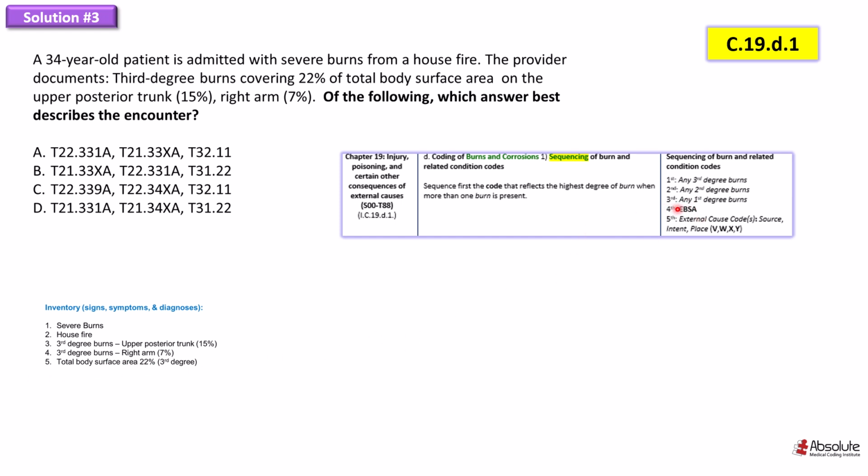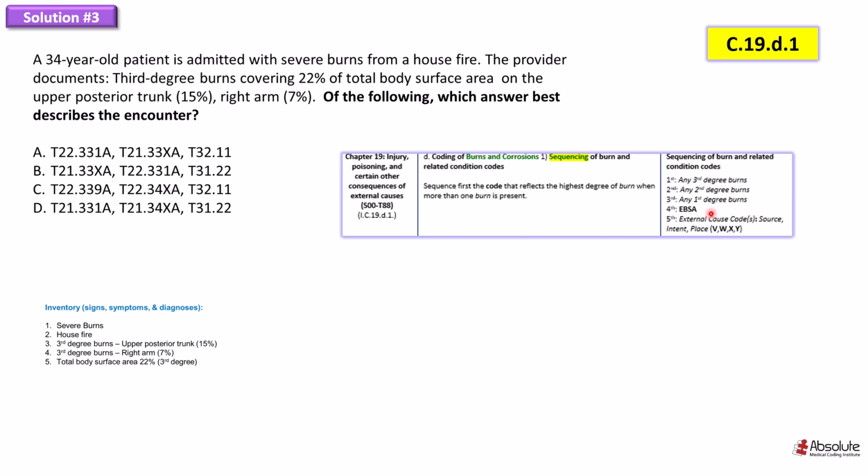So this is the total amount of body burned, and then they ask you to specify the percent of the third degree also. So those codes that you select will require that you know the total amount burned, as well as the total amount that are third degree.